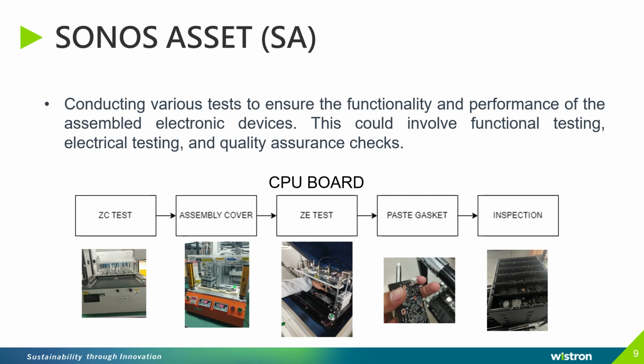For example, for a CPU board, we have a ZC tester, and after it passes we assemble the cover and go to another tester, which is the ZE tester, and after it passes we place a gasket on the CPU board, and the last step is the inspection of the board before we send it to the supermarket.